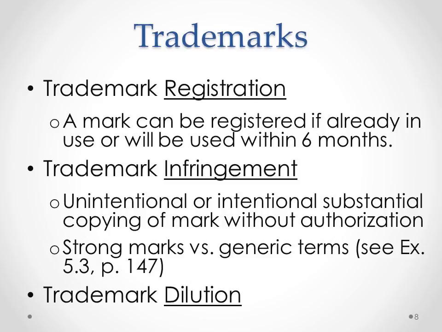If a trademark is being claimed, it's a TM. If a trademark has been registered, it's a circle R. Okay? And you must register it within 6 months of its use. In other words, if you register it, you better start using it within 6 months or have already started.